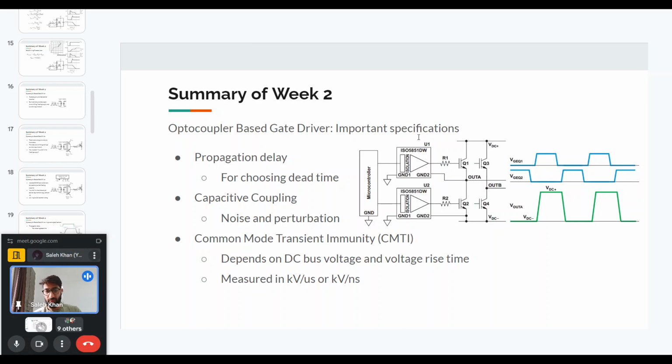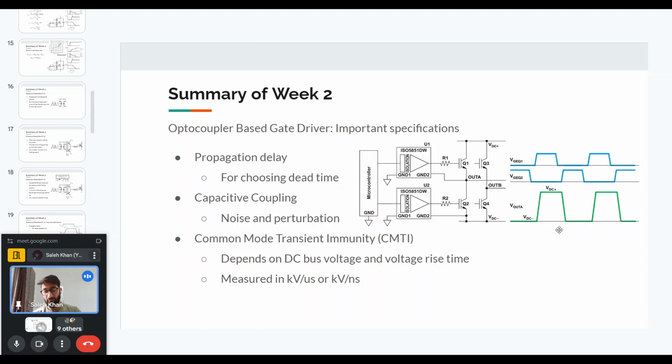That is why the gate driver is rated for some common mode transient immunity, which means how much the DC bus or the switching node voltage changes based on this VDC voltage, and how fast it changes, how many nanoseconds or microseconds it takes.